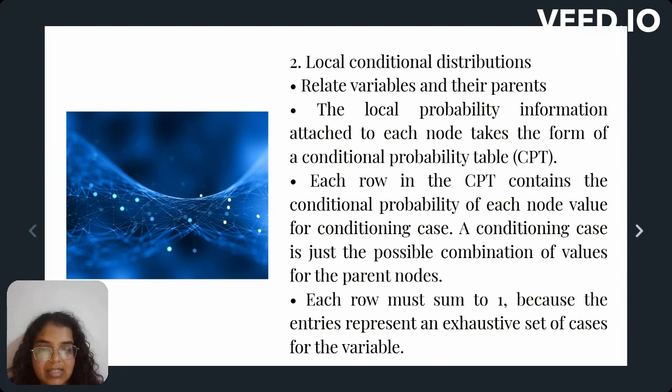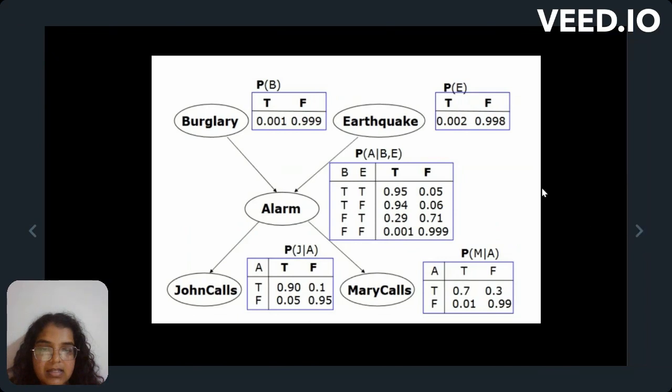A conditioning case is just a possible combination of values for the parent nodes. Each row must sum to 1 because the entries represent an exhaustive set of cases for the variable. This diagram is used to represent it.